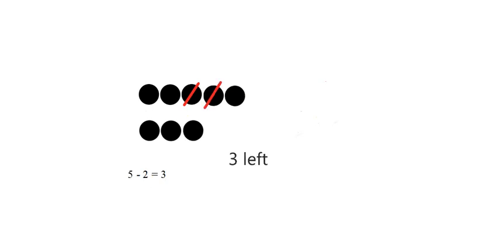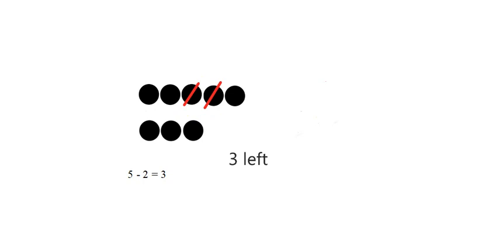Okay, next you see that you have 1, 2, 3, 4, 5. You have 5 circles. And how many are removed? 1, 2. 2 circles are removed.